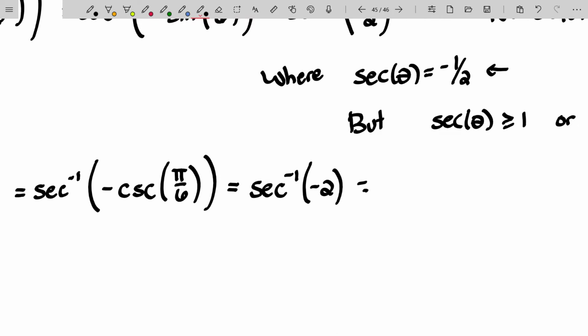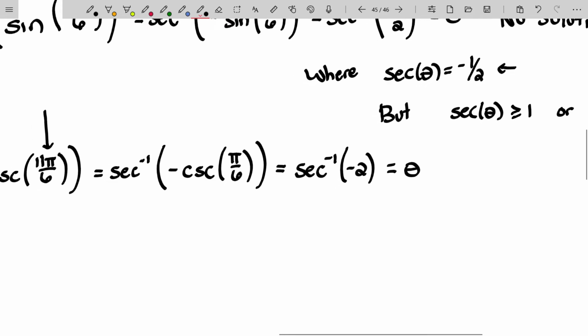And that should return an angle. Now, this is a very interesting pre-cal problem. So that's going to return an angle where the secant of that angle should be a negative 2.